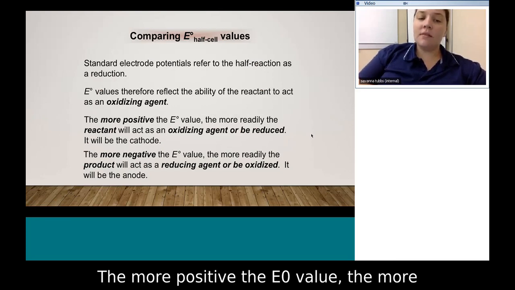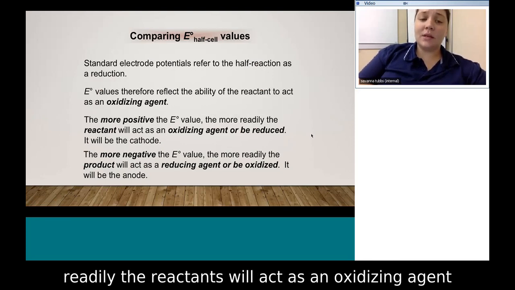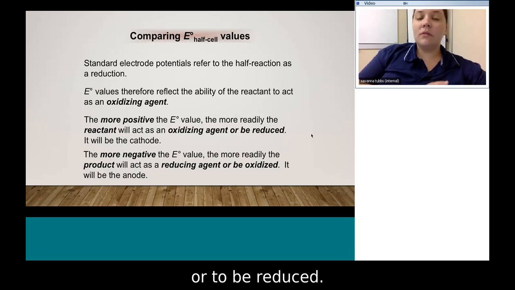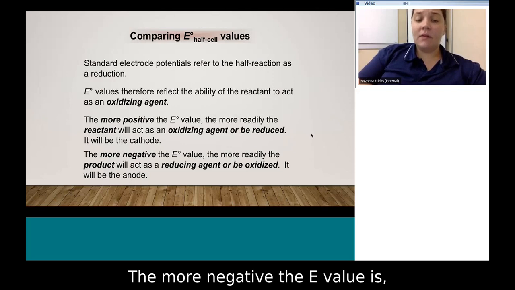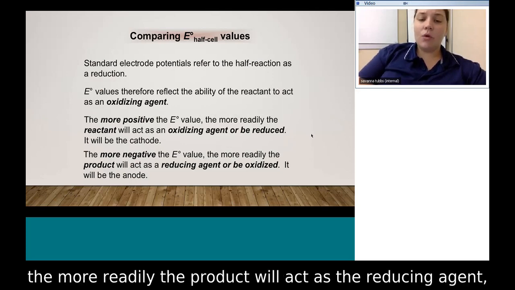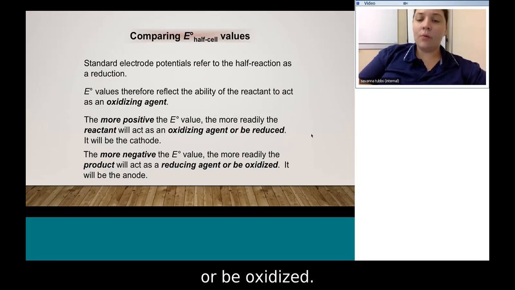The more positive the E0 value, the more readily the reactant will act as an oxidizing agent or to be reduced. It will be the cathode. The more negative the E value, the more readily the product will act as the reducing agent or be oxidized. It will be the anode.